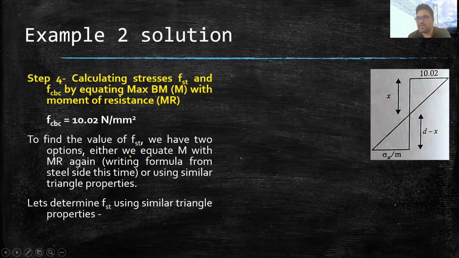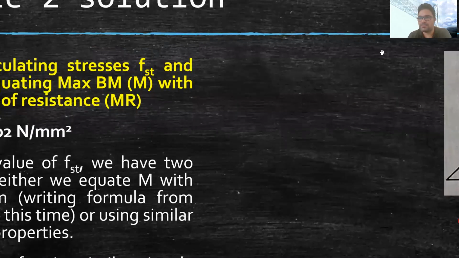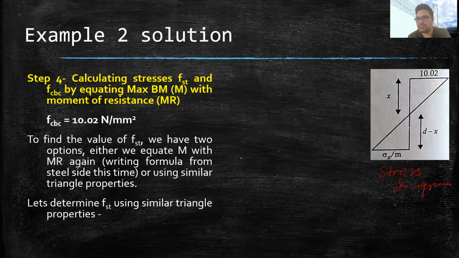You must be aware of this, this is the stress diagram. So here it is FCBC, and it will be FST by M. FST by M is on the steel side, FCBC is on the concrete side.